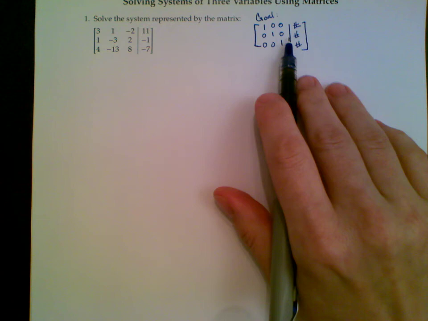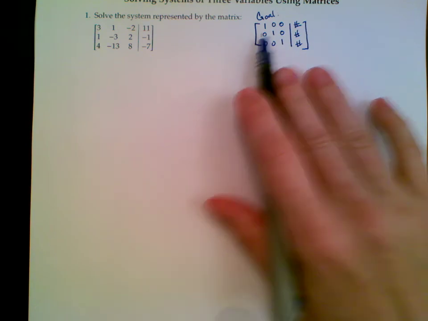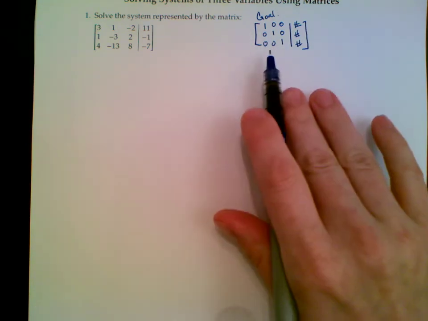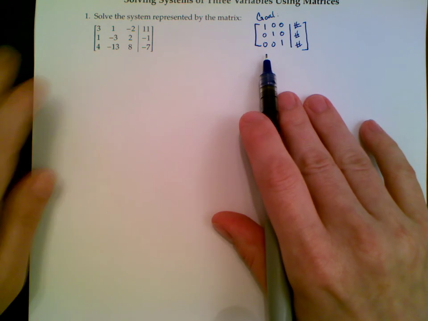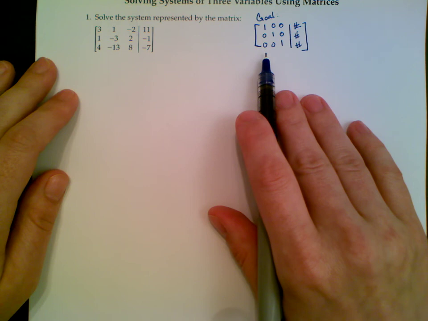So it is the same as it was last time, although it's a little bit bigger since we're working with a bigger system. And again, same as last time, we're going to work one column at a time.